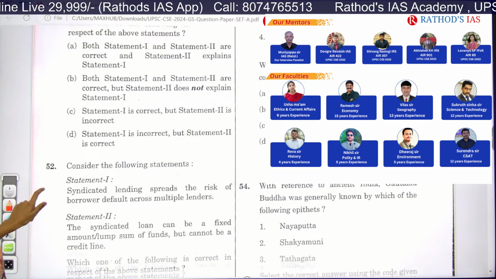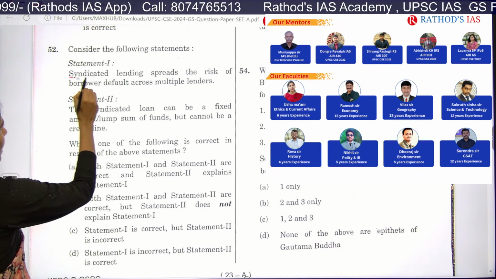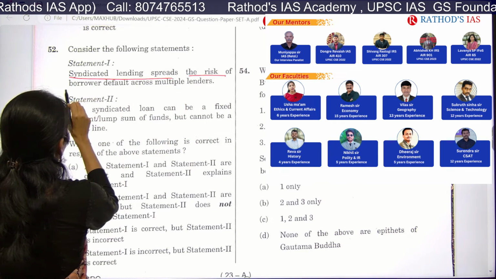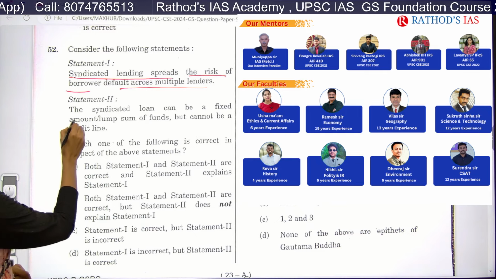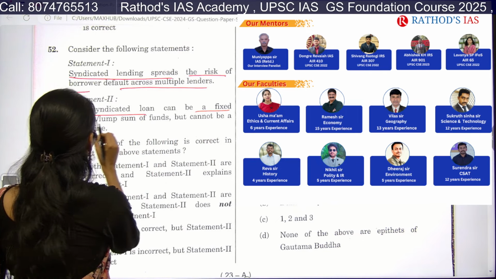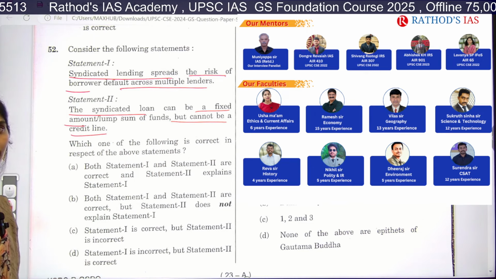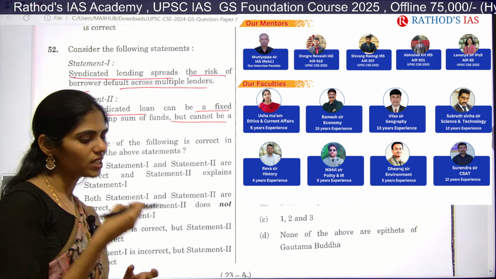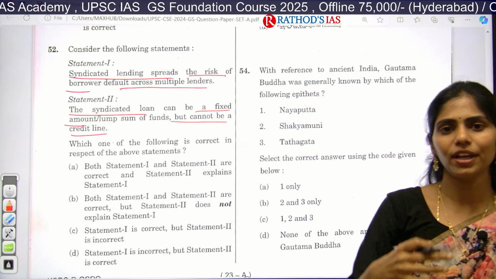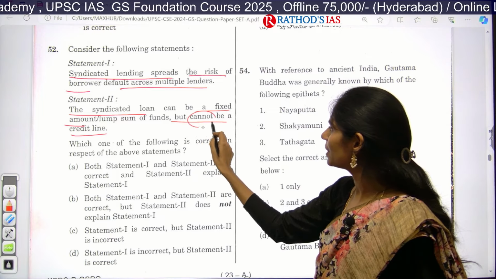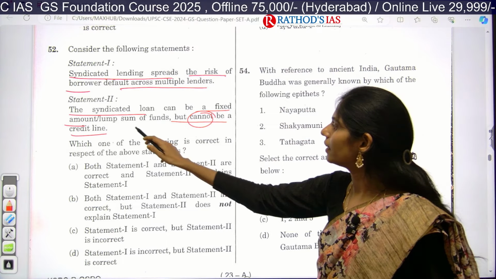And the next one: consider the following statements. First one: syndicated lending spreads the risk of borrower default across multiple lenders. And the next one: a syndicated loan can be a fixed amount or lump sum of funds but cannot be a credit line. Whenever you are doing economy related questions, they will confuse you with words like not, cannot, may not. Again this statement has cannot, but syndicated loans can be a credit line.